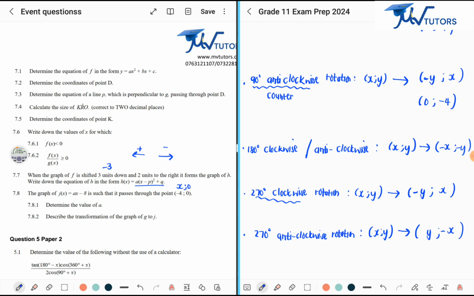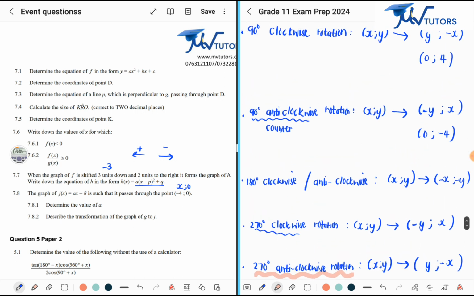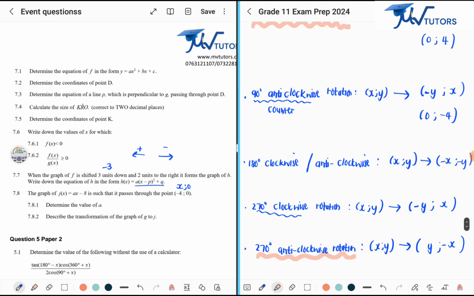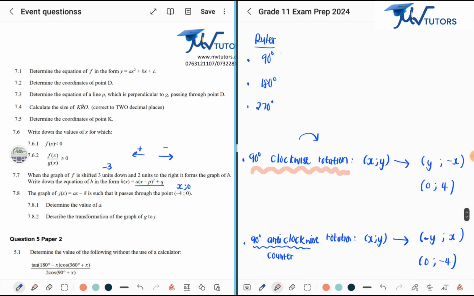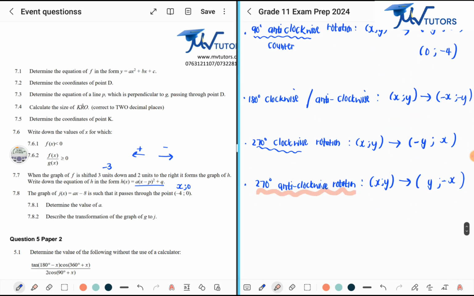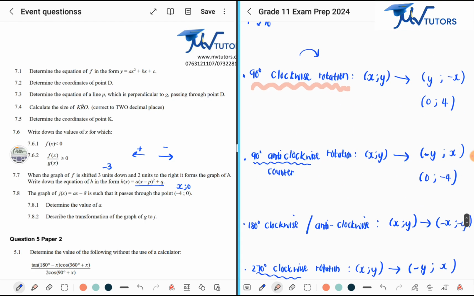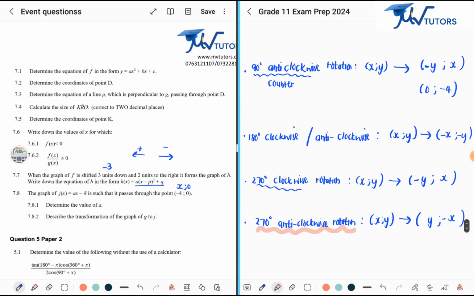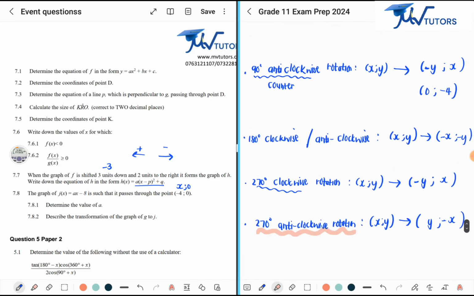So we can see as well that a 270 degrees anti-clockwise rotation is pretty similar to a 90 degrees clockwise rotation. So basically what you really need is the 90 and the 180 degrees, but that's if you can remember which 270 clockwise rotation goes with which 90 degrees anti-clockwise rotation. So yeah, I just wanted to go over those rules before we head over to trigonometry.